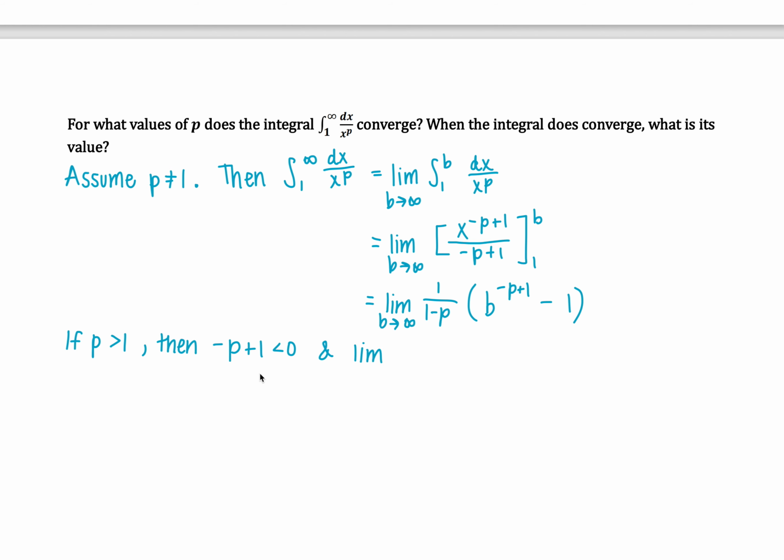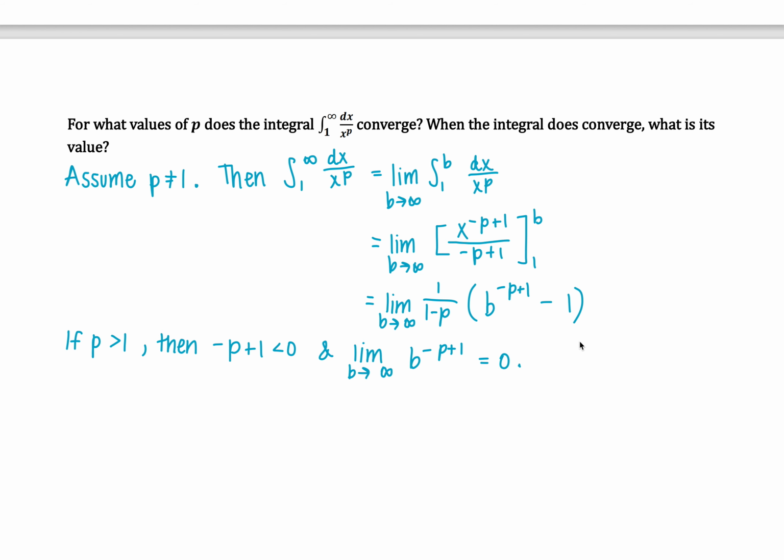So if p is greater than 1, negative p plus 1 is less than 0, and then the limit as b approaches infinity of b to this power, so again, it's b to a negative power, equals 0.